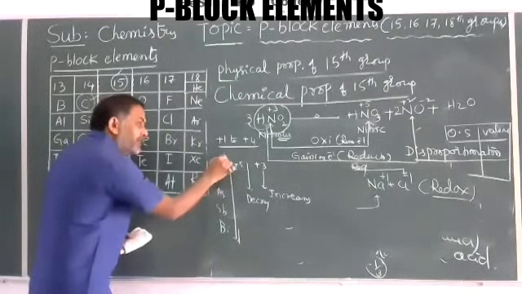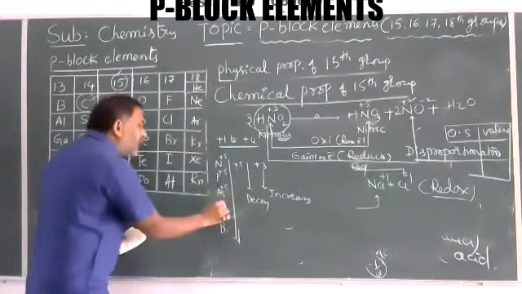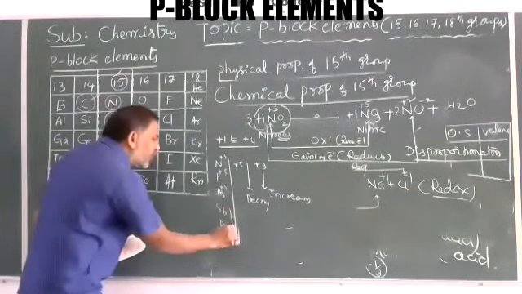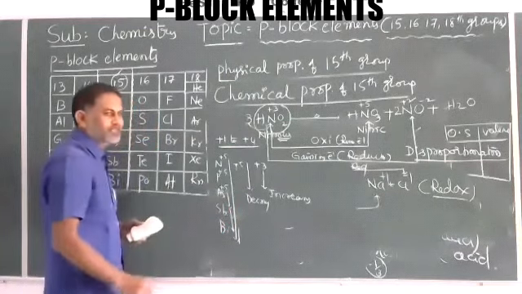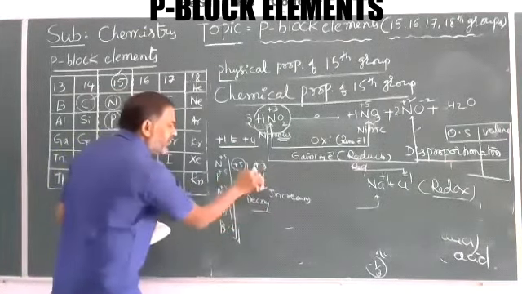Nitrogen shows plus 5 easily, but for the heavier elements it is difficult to show the plus 5 oxidation state. So the formation of plus 5 decreases, and plus 3 increases.